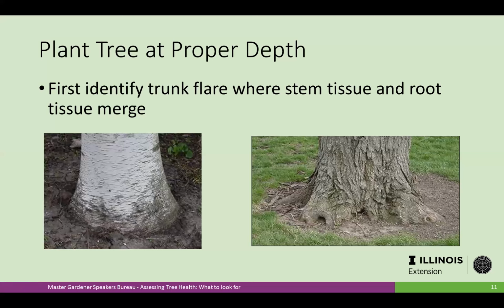But in actual fact, the tree is too deep in the pot. So you have to get that thing out of there, and without disturbing the roots too much, you're going to have to push that dirt away until you find that root flare and plant that so that it's either at the soil surface or even up a little above the soil surface. That is better than getting it too deep.